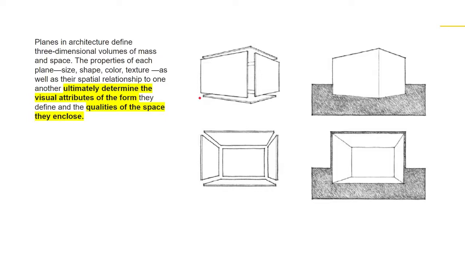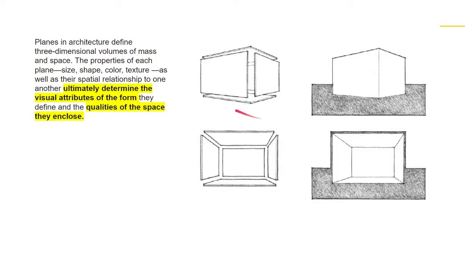The properties of each plane are its size, shape, color, and texture, as well as its spatial relationship to one another, which ultimately determine the visual attributes of the form they define and the qualities of the space they enclose. So this is one example of what I described earlier.